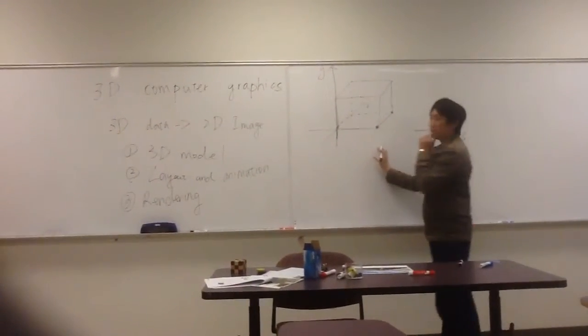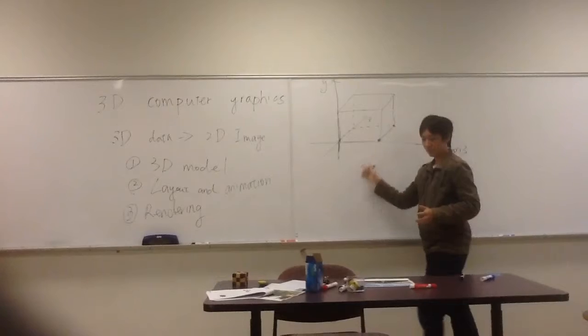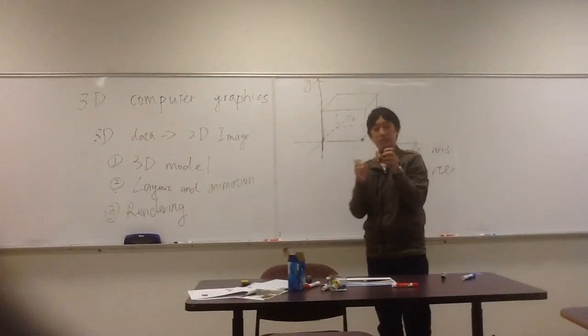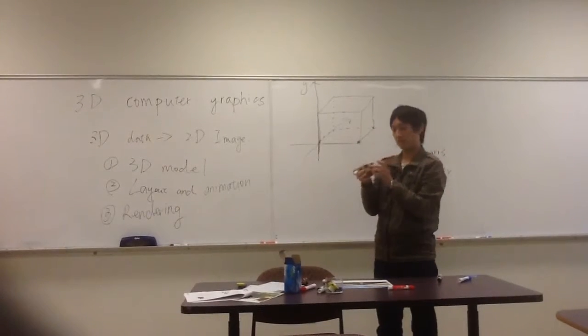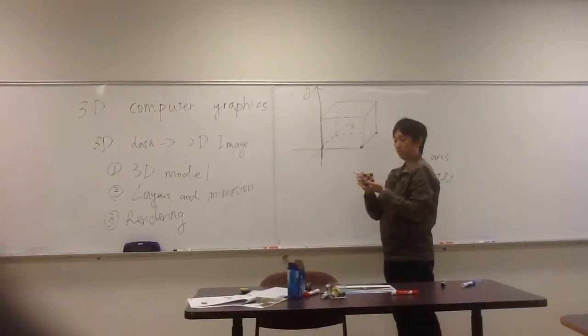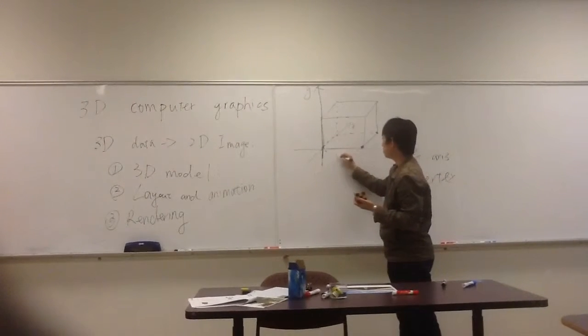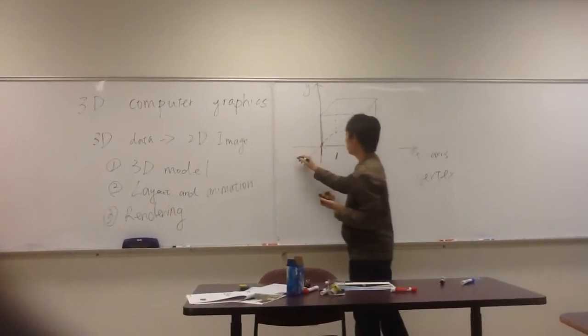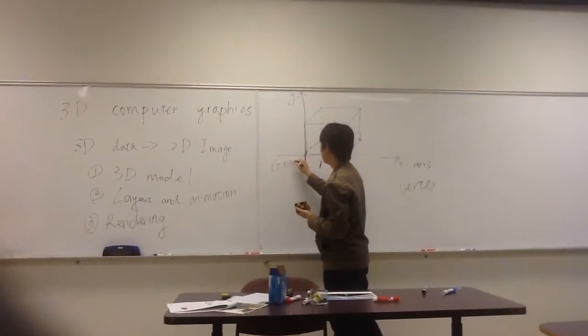And assuming we have this cube, where every edge is the same, and each edge is 1 unit, and this is the origin point which we call 0, 0, 0.